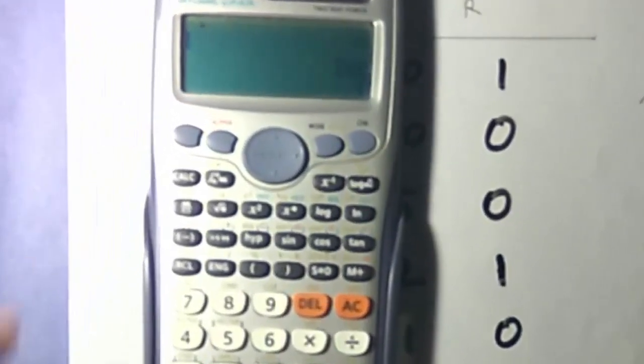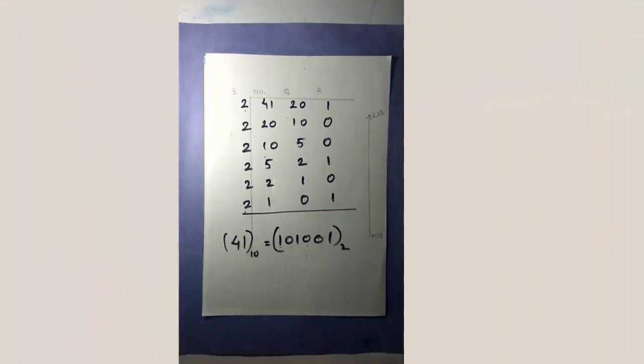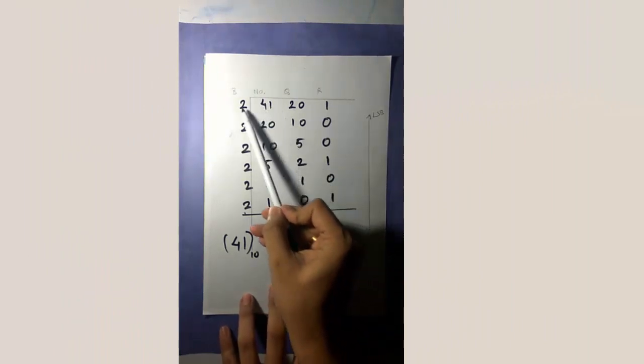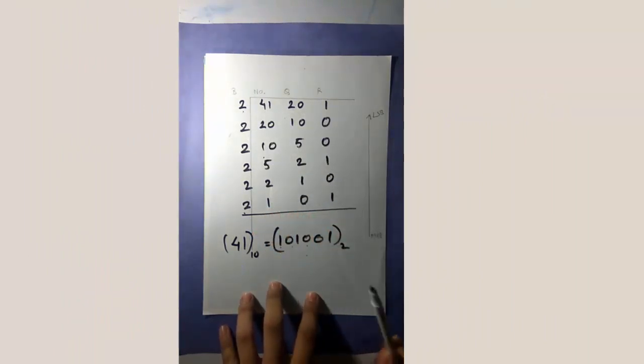In decimal we have 41 and in binary it's 101001. So our answer is right. In this way, we can convert any decimal number into binary.